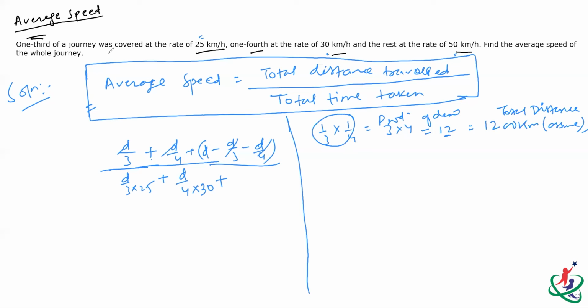Is the concept clear? Whenever you get a question like this with fractions, you need to take the product of denominators and assume a bigger multiple of this product such that you will not have a problem in calculation.